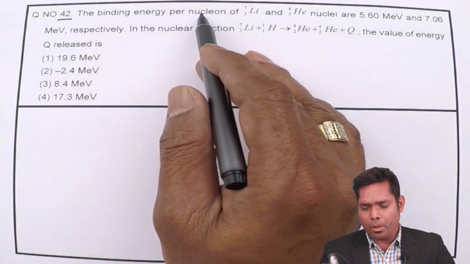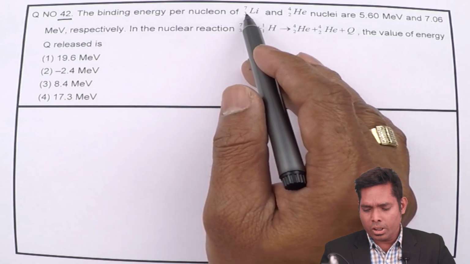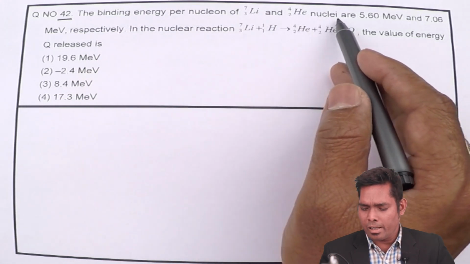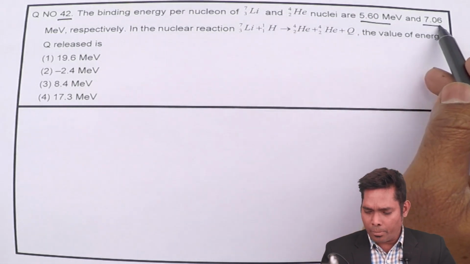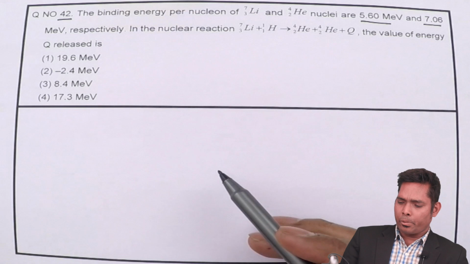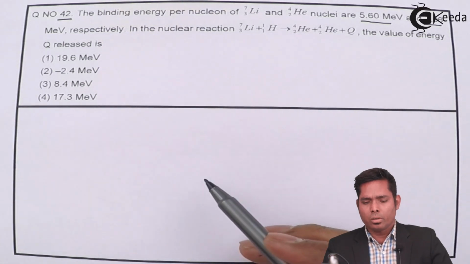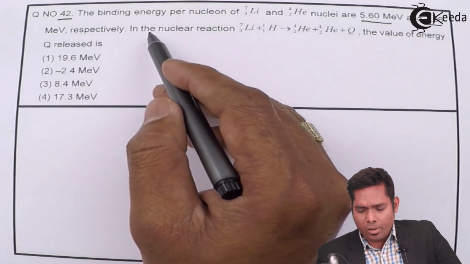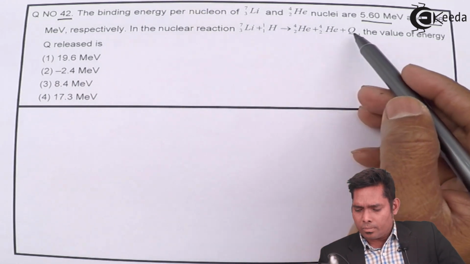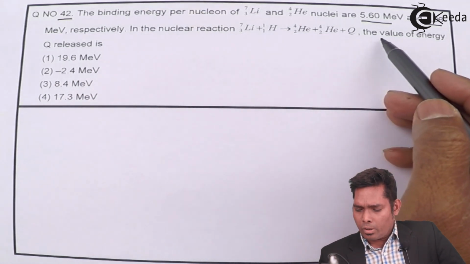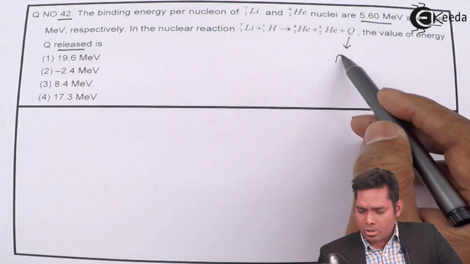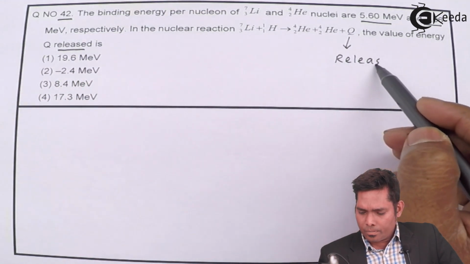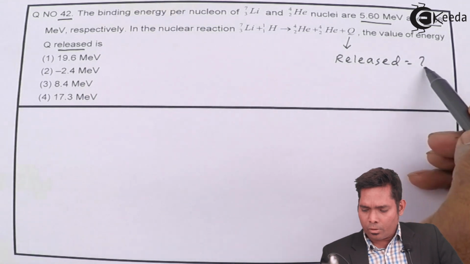The binding energy per nucleon of lithium 3,7 and helium 2,4 nuclei are 5.60 and 7.06 mega electron volt respectively. In the nuclear reaction, the value of energy Q released, how much energy is released, that you have to find.